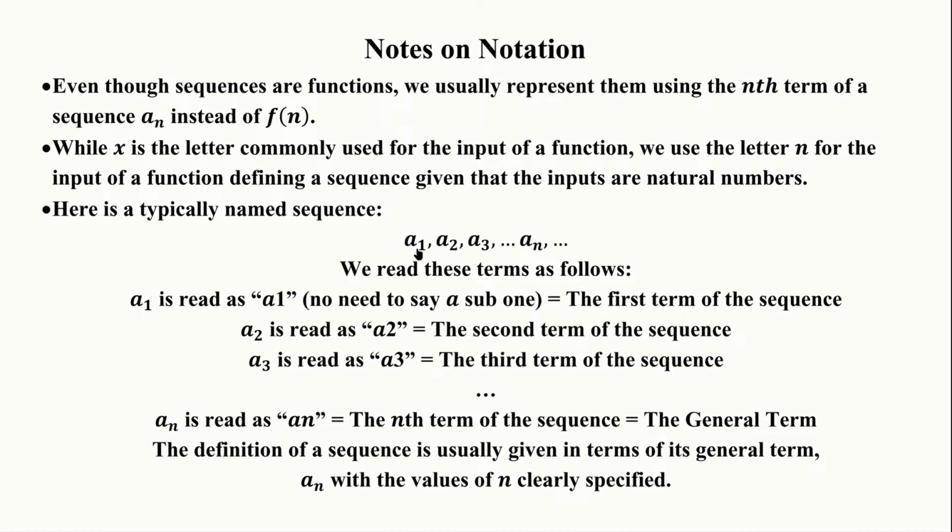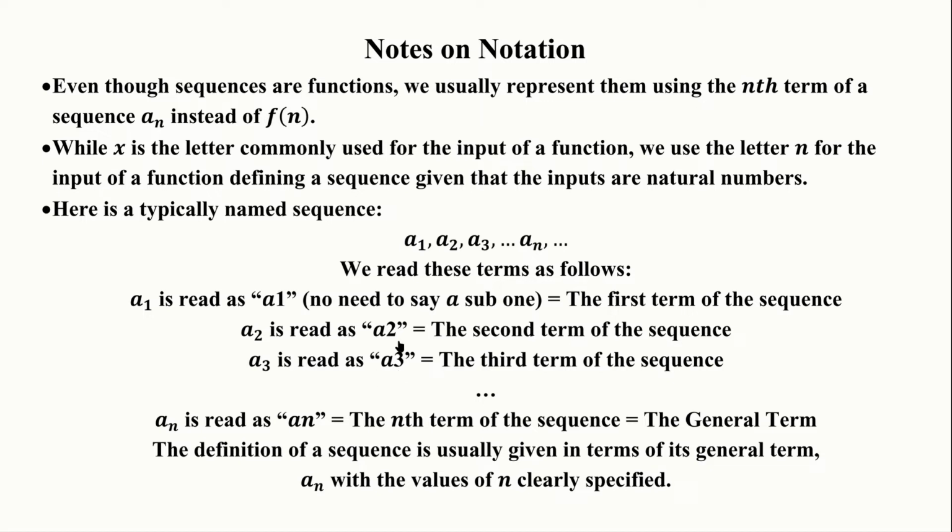Normally we start with, say, a1, that means the first term of the sequence, a2, a3, etc., all the way to an, and as I said, there's no need to say a sub 1, a sub 2, a sub 3. You just say a1, a2, a3.